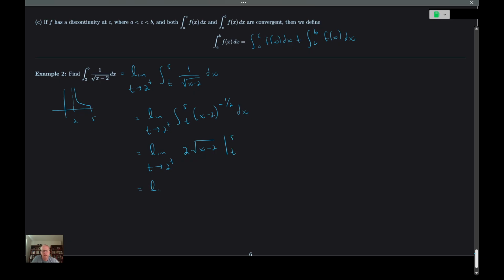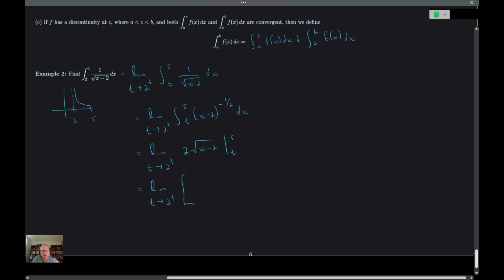So now just plug in those as you would. So we get 2 times square root of 5 minus 2, so that'll be 2 times square root of 3, minus 2 times square root of t minus 2. All right, so now what is this limit? Obviously, this is a constant, so the limit is equal to the constant.